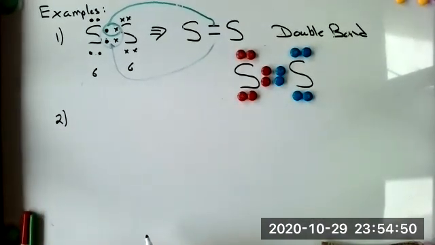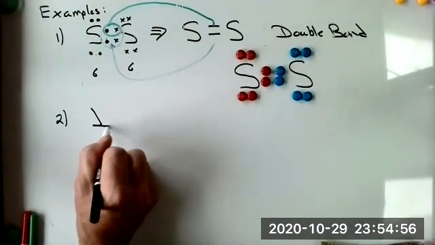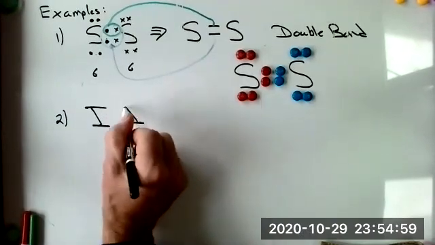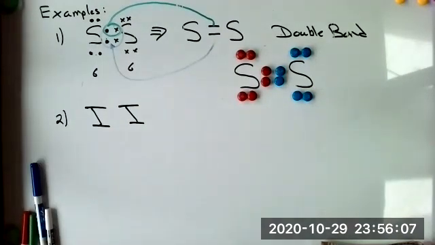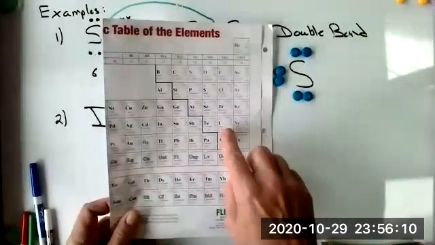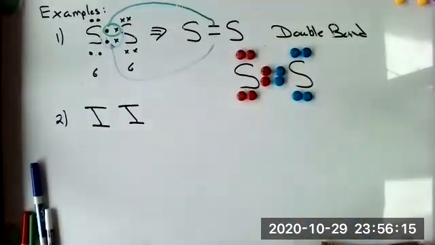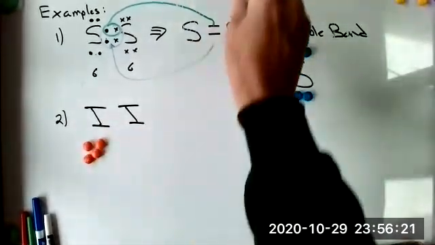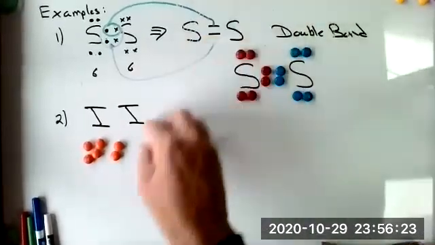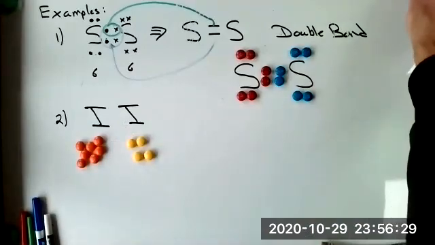Okay, good. How about we take a look at this one? Try the second one. Let's try, how about you put together 2 iodines. Okay, iodine. Hey, there he is way down there. Scoot up. You get 7 for each. All right, well, let me grab 7 oranges for him.